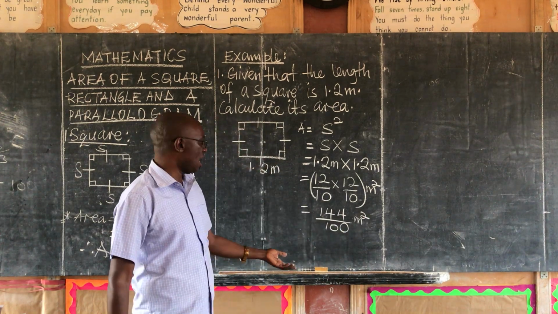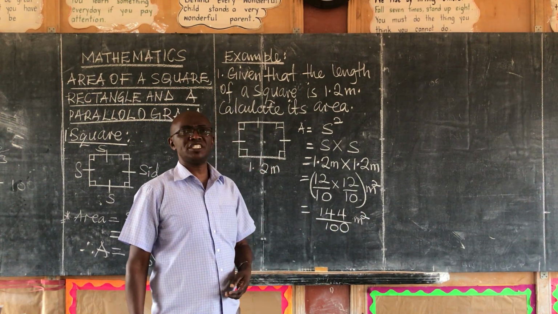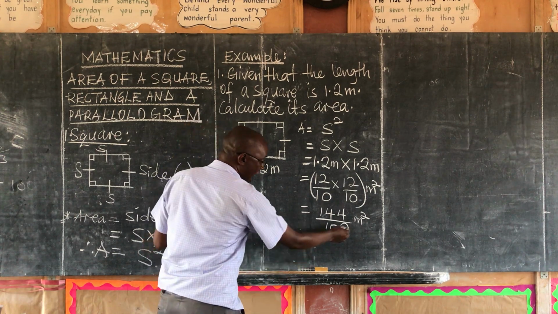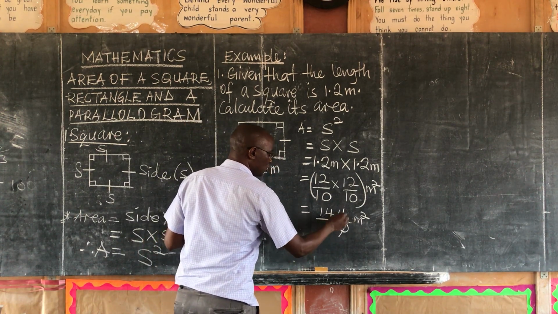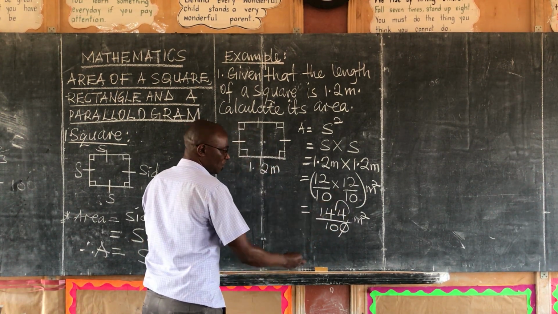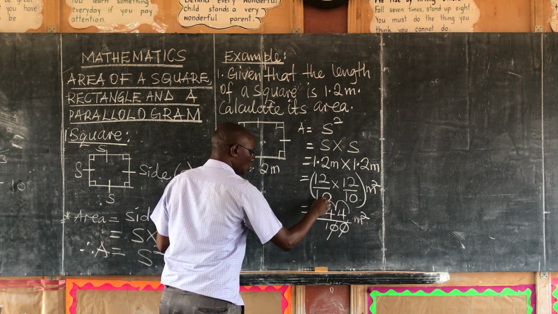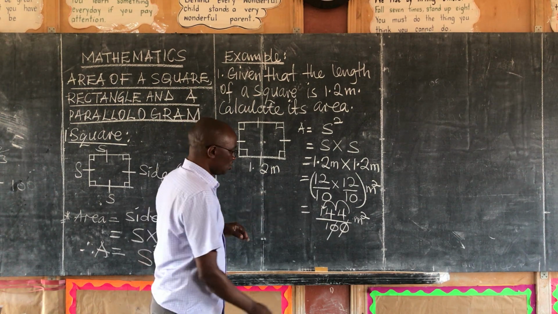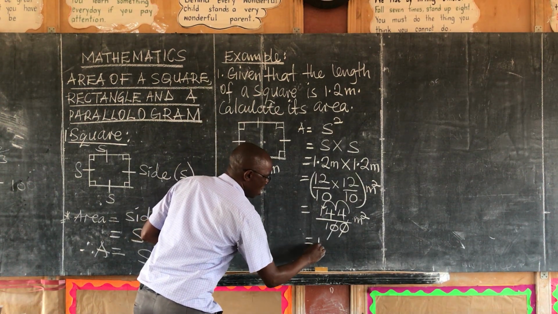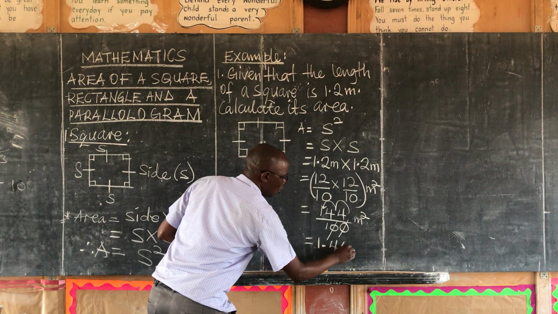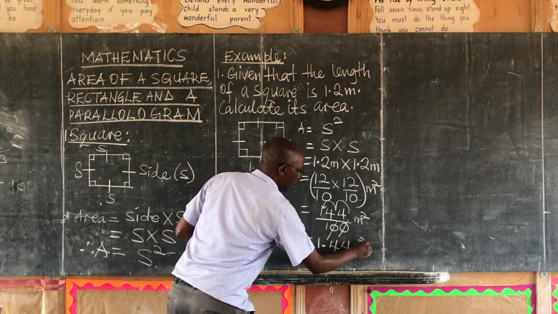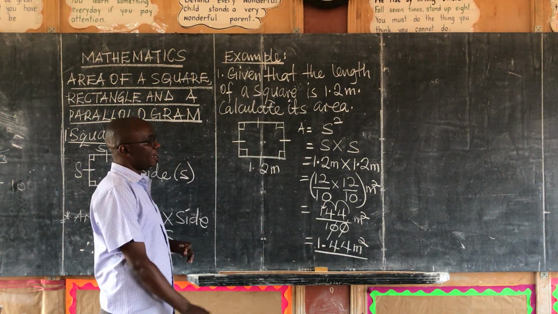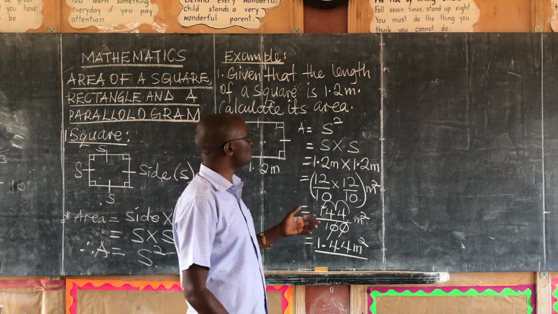We cannot leave our answer like this. We are going to change it to decimal since we have zeros. 1 zero, you shift 1 decimal place. 2 zeros, you shift 2 decimal places. So the final answer is 1.44 meters squared. So that is the area of a square.